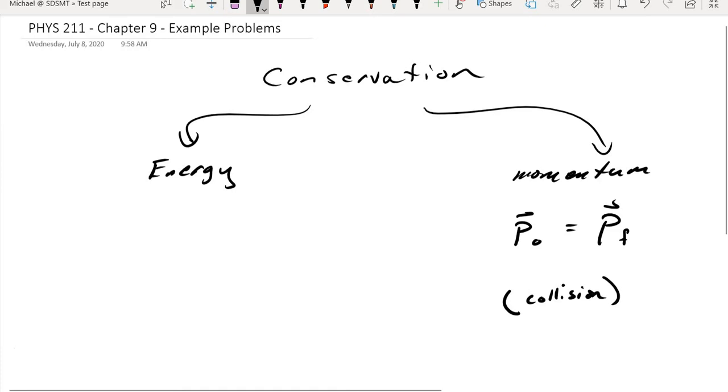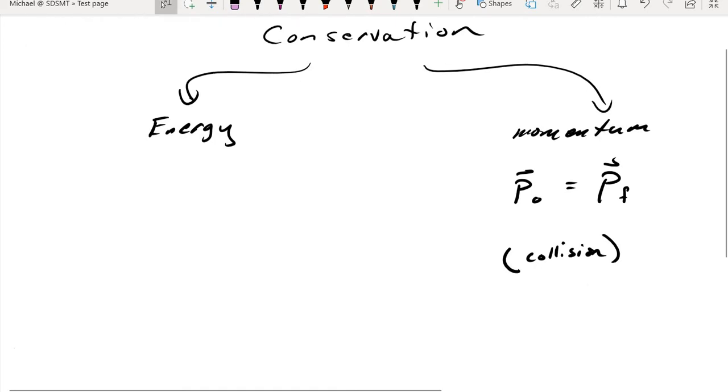So if we have two masses that start with a certain amount of momentum and then those masses collide, the net momentum that they carry after the collision has to equal what they had before the collision.